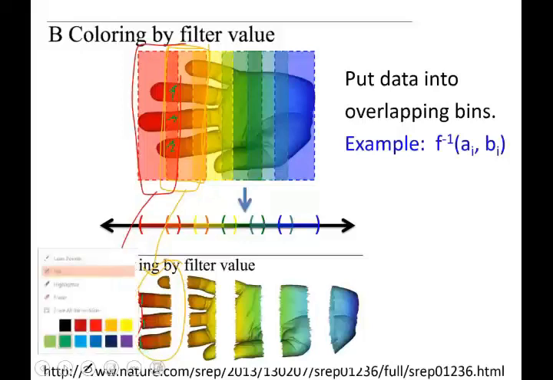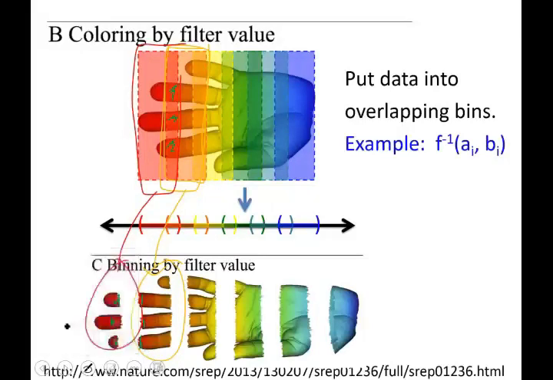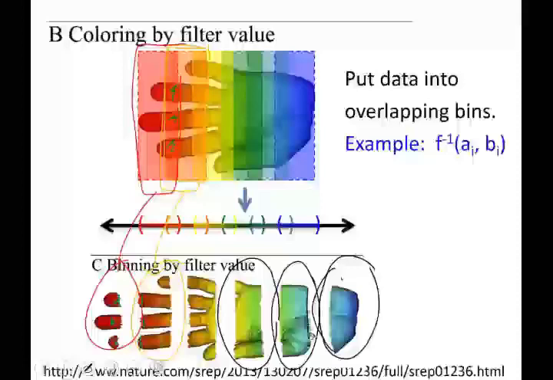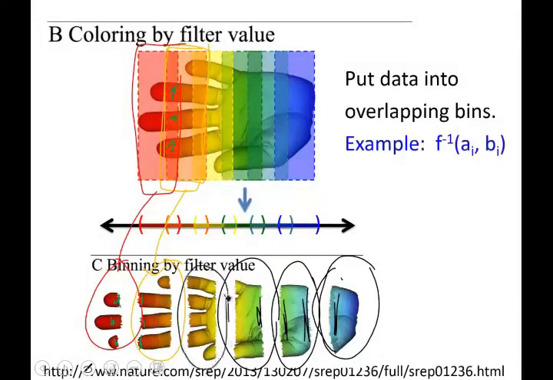So the idea behind MAPPER is to bin the data into overlapping bins, so the bins do intersect. Points here are also over here, points here are over here, so we bin the data into several overlapping bins.